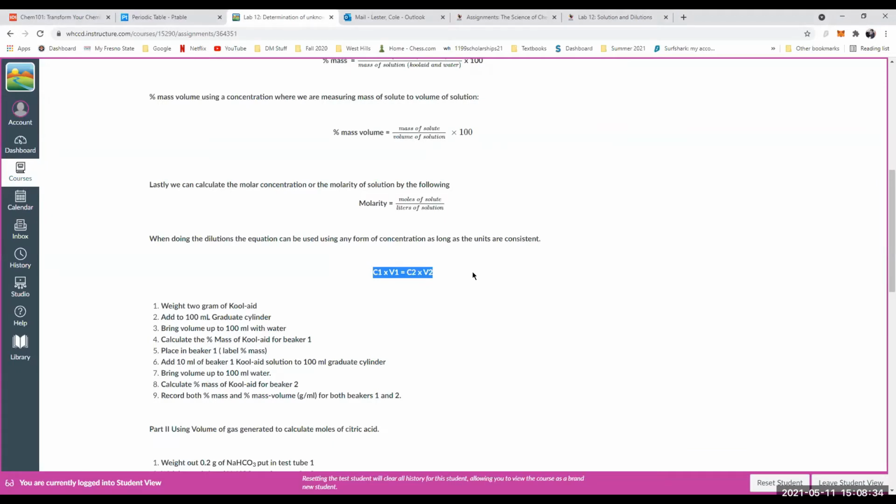C1 times V1 equals C2 times V2. So the first concentration multiplied by the first volume is going to equal concentration 2 multiplied by the second volume. So we're able to dilute stuff and calculate it accurately.